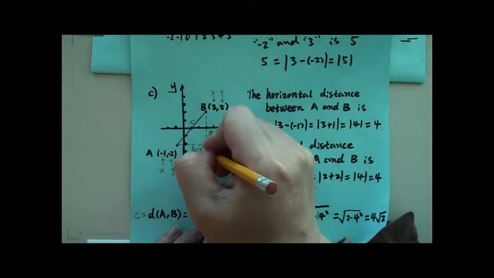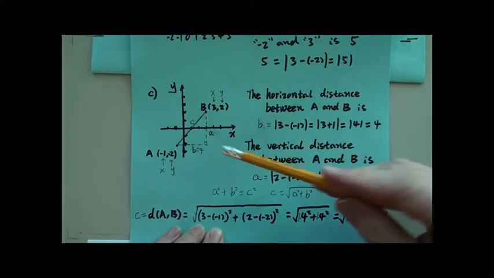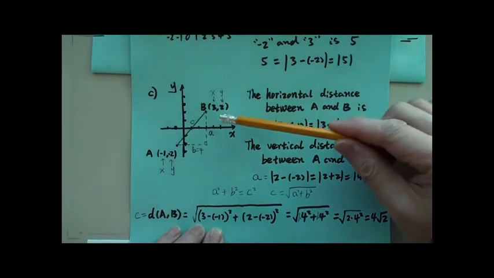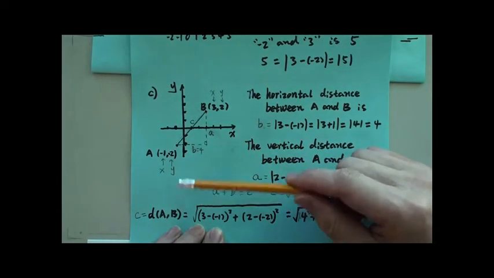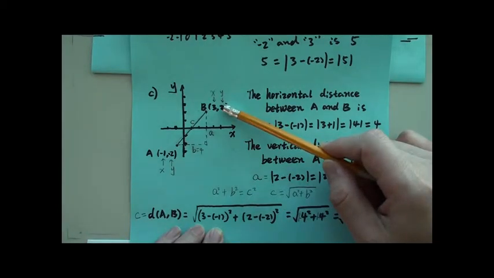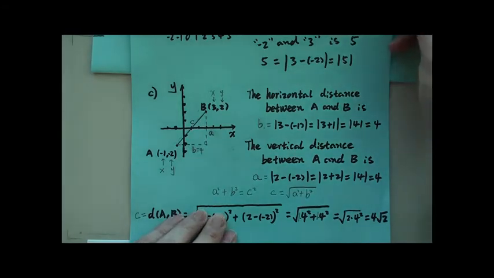We want to mark it here. What is the vertical distance between A and B? For the vertical distance you will consider y, from negative 2 to positive 2. So you use the previous formula, the difference.